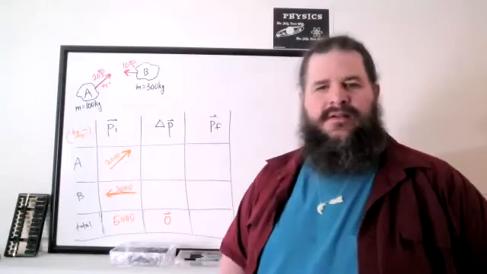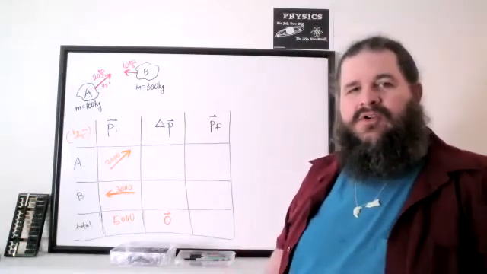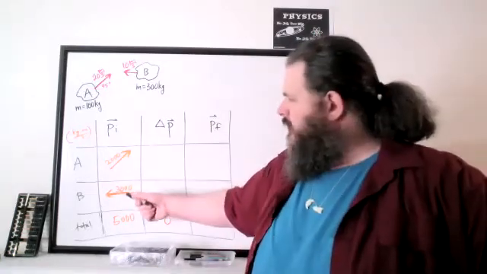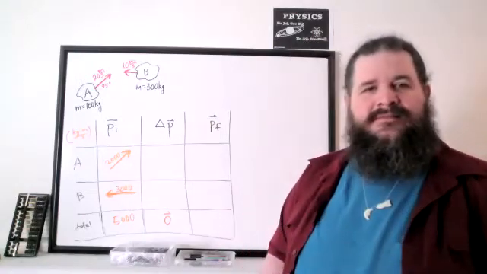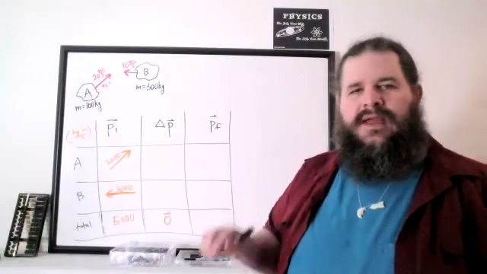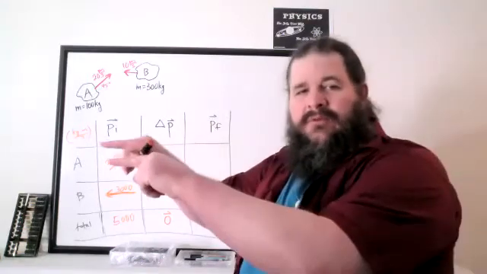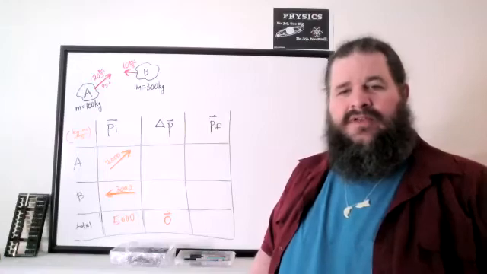Does that work? In this case, I can't do that. Are there any circumstances when you could just add the 2,000 and 3,000? When they're moving in the same direction? Yeah, if both of those momentum vectors were in the same direction, then you could just add the magnitudes together.